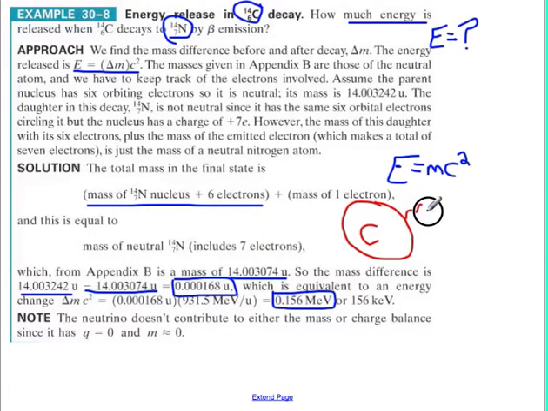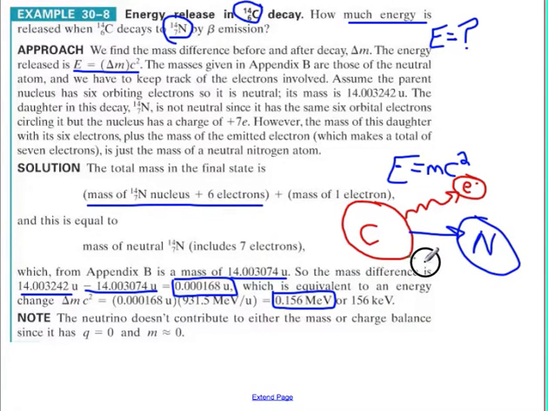You have this little squiggly electron, that's the small guy. Then you get the daughter, which in this case was our nitrogen. And then you also have a squiggly neutrino. So also realize that there are neutrinos involved in beta decay.